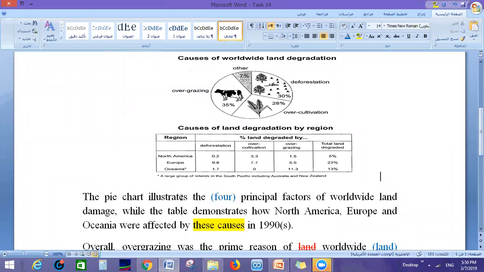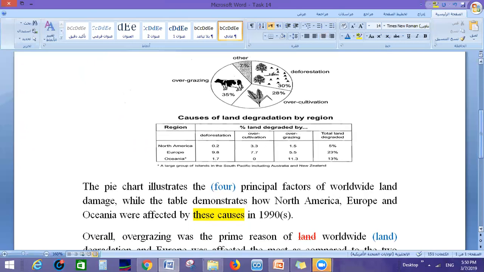They're not many. 4 principal factors, blah blah blah blah, and then you could put them between brackets, or you could put them between brackets possibly here, and then start another sentence using however. The table demonstrates blah blah blah blah.